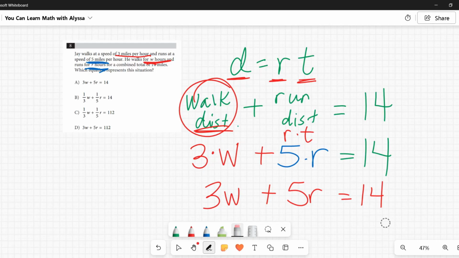Please add it to your study, because there might be a problem on the SAT that has a few more variables, is a little more complex than this, in which case you can't just look at it and say, I can tell what that is. We always want to be prepared for every situation. In this particular case, though, we have our distance equals rate times time. It gives us our answer, 3W plus 5R equals 14.